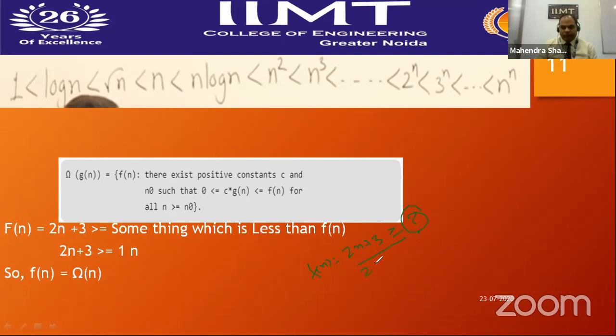So is 2n plus 3 greater than or equal to 1n? Yes, for n is equal to 1: 2 multiplied by 1 plus 3 is greater than or equal to 1.